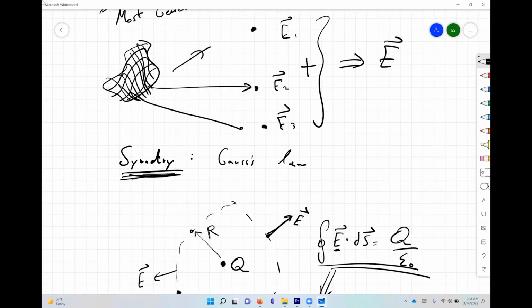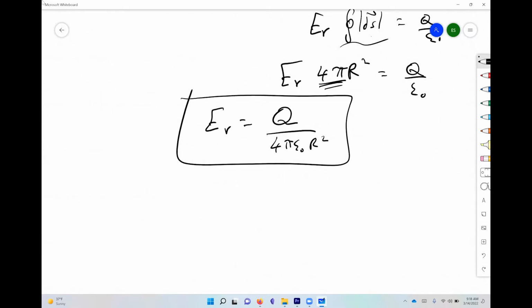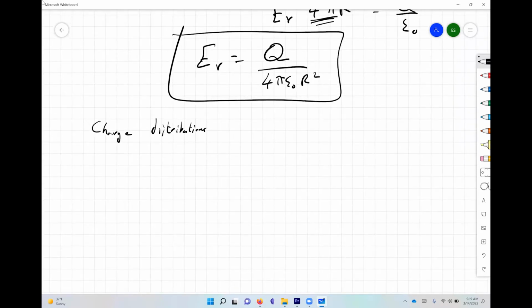We can also apply this to charge distributions with symmetry. So this does not only apply to point charges. For example, an infinite line.